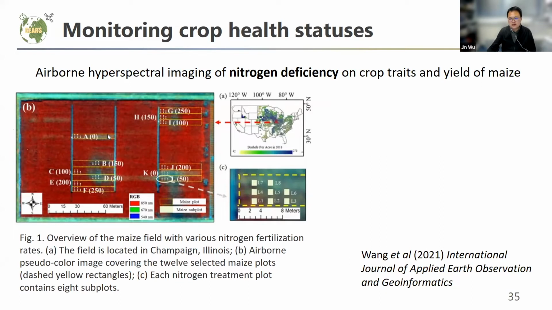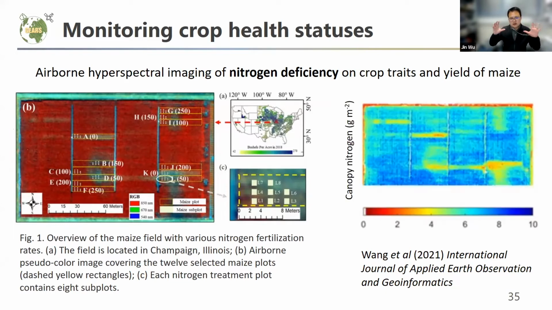So the question here is, if we use a hyperspectral sensor mounted on an airplane or even a drone flying through the entire landscape, can we detect which regions have no problem with nutrients, and which regions potentially suffer from higher nutrient deficiency?